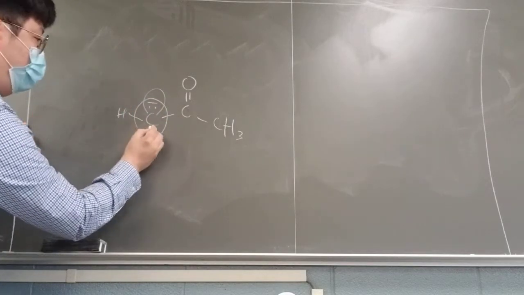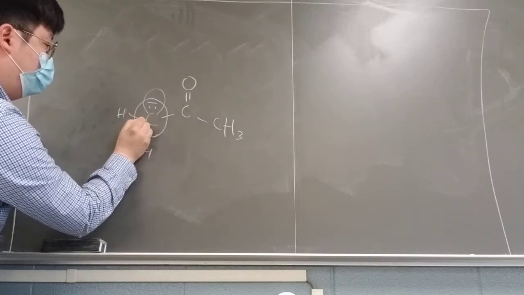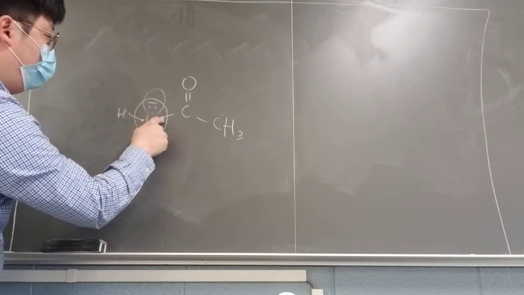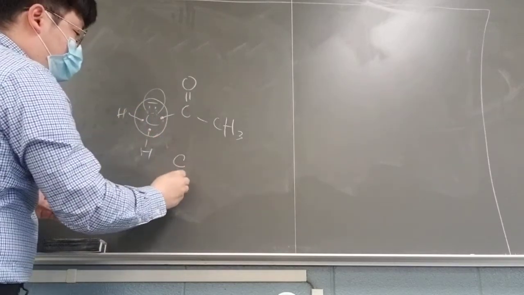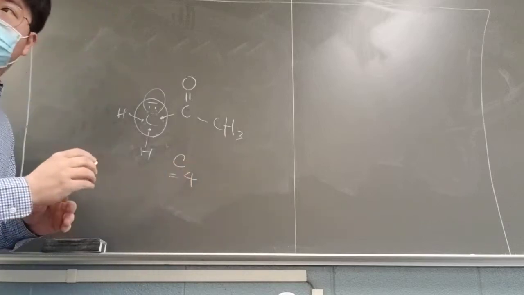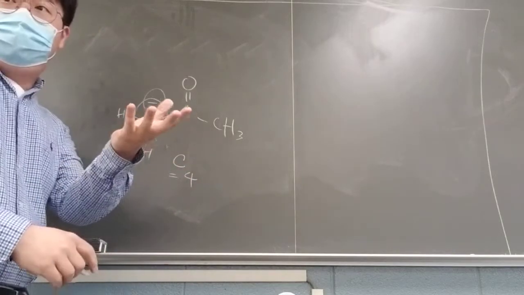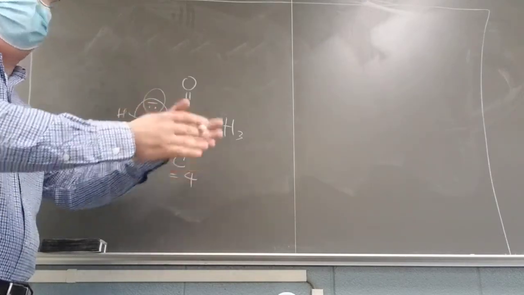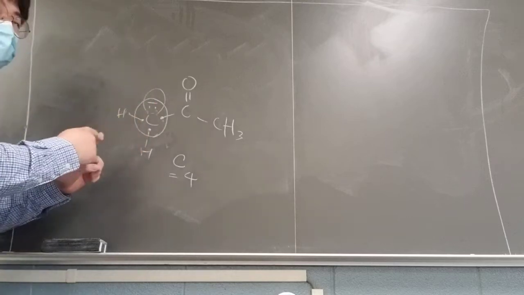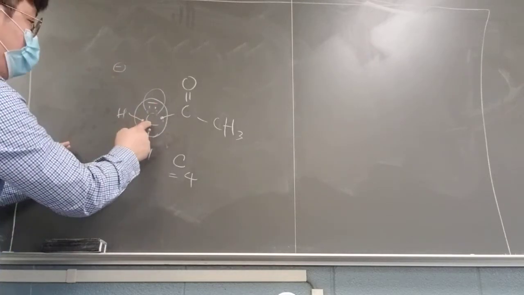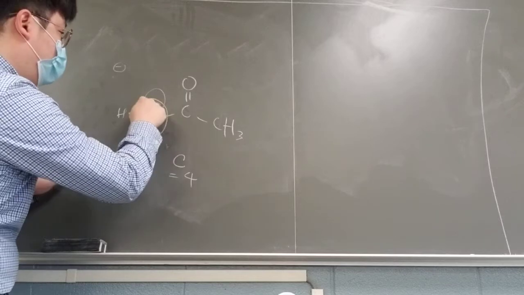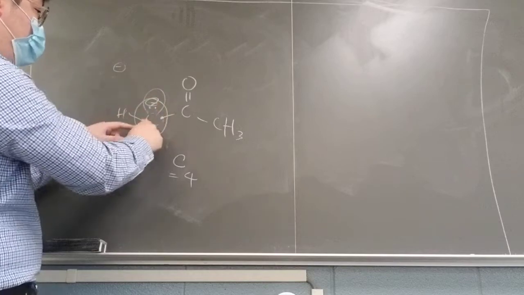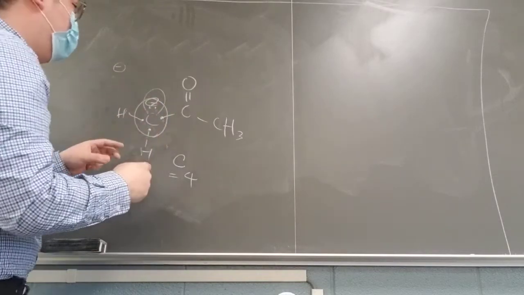Then you have 1, 2, 3, and a lone pair, which is always a pair of electrons, 1, 2. So it'll be 1, 2, 3, 4, 5. But the carbon is a group 4 element, right? But the carbon now has 5. So this carbon has 1 more electron on it. An electron is negatively charged, so this carbon is negatively charged because of the 1 more electron on it. Makes sense, right? This is the formal charge.